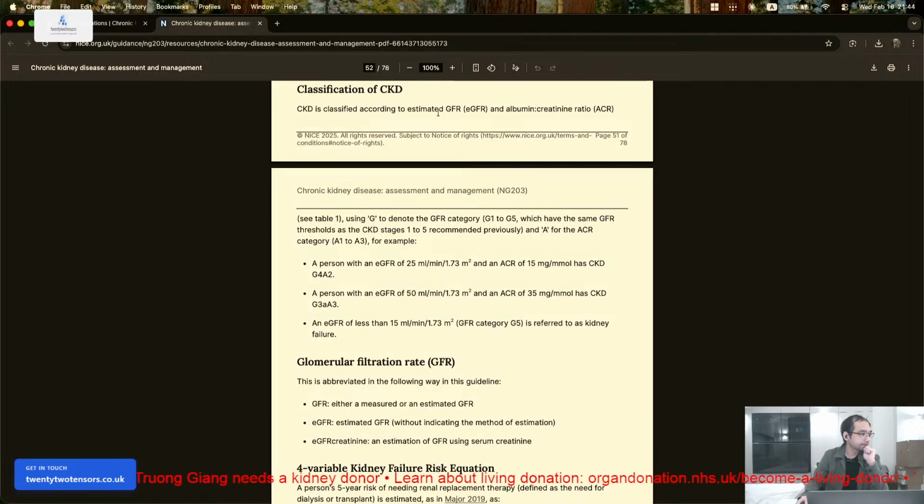Basically, chronic kidney disease will be determined by the eGFR and albumin over creatinine ratio. A person with an eGFR of 25 and ACR of 15 has CKD.